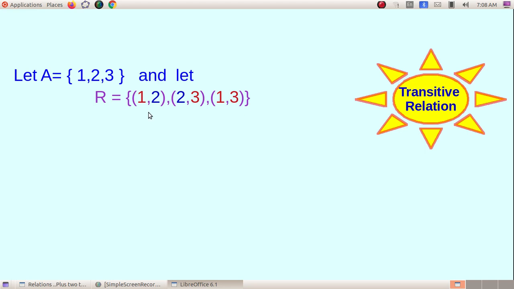Let us take an example from our daily life. Suppose my brother's name is Shaiju, and the brother of Shaiju is Anwar. Then what can you say?